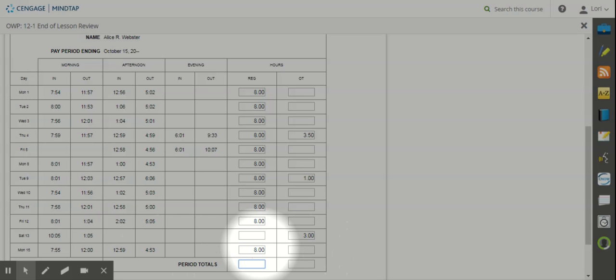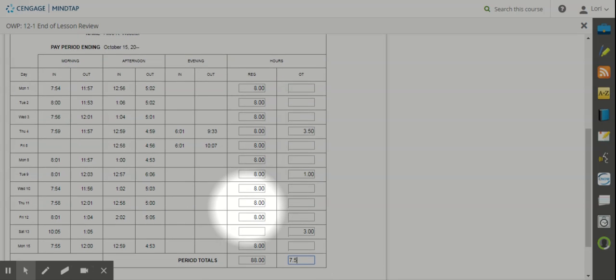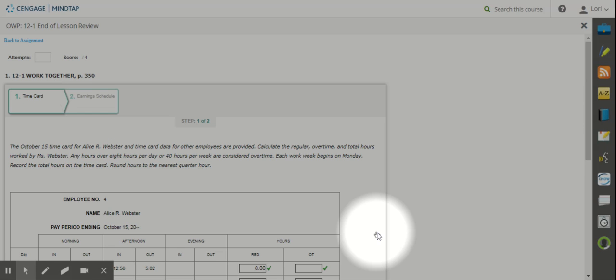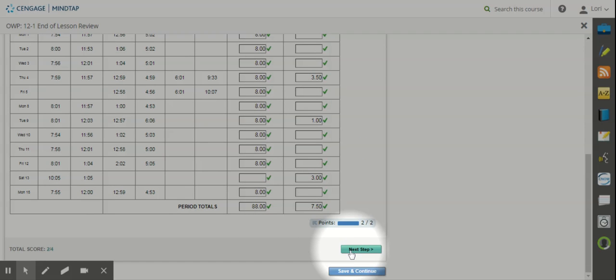So to get your totals, you add up your column, and you have 88 regular and 7.5 overtime. Grade that step. Now let's go on to the next one.